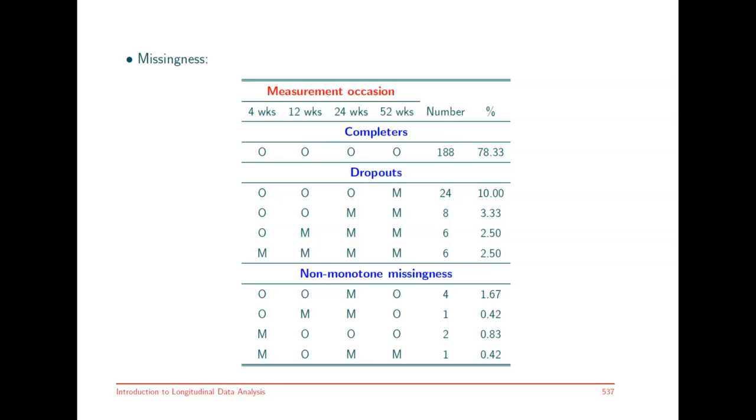It's kind of a clean process. Then there can also be non-monotone missingness. Let's say you had planned a visit on the day of a strike, but you cannot make it to the clinic. You miss a visit, but next time you appear again. Intermittent missingness leads to non-monotone patterns.